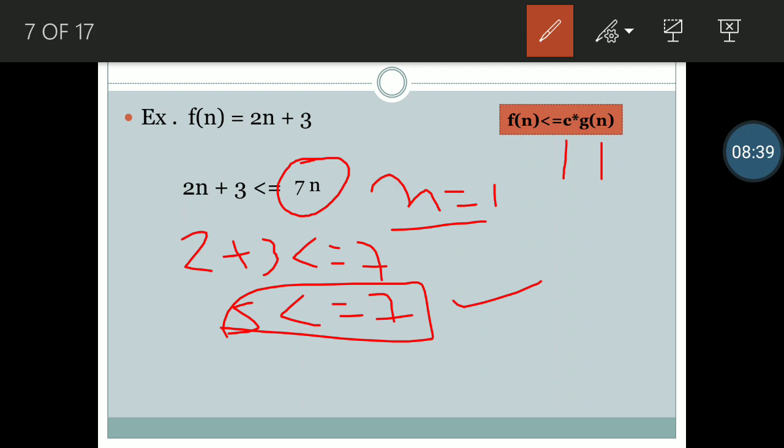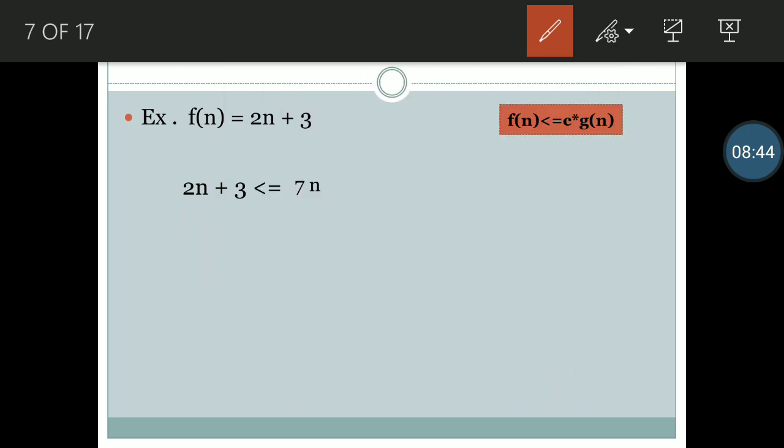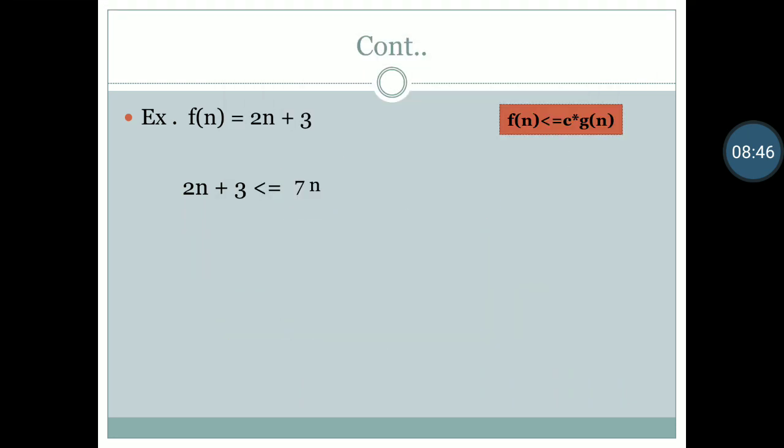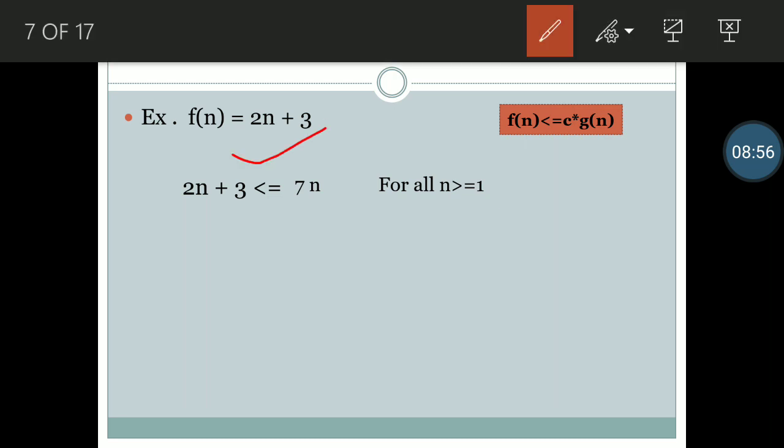So here in this equation we can say that for all n greater than or equal to 1, this statement will be true. If we put n equal to 1, then our equation is 5 less than or equal to 7.